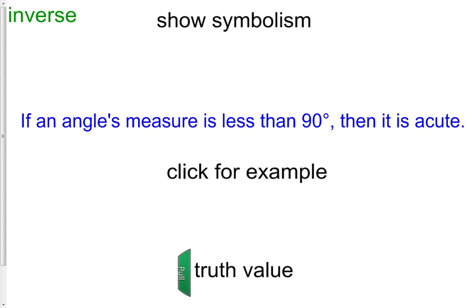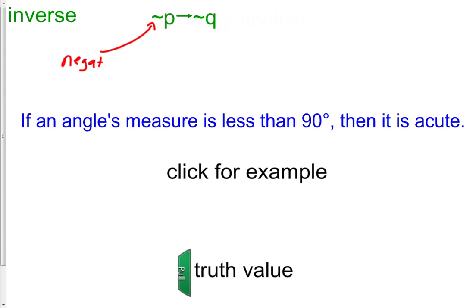So here's the symbolism. Remember, this symbol right here means negation, which is the opposite meaning and the opposite truth value. Most times, we just write the word not in there.